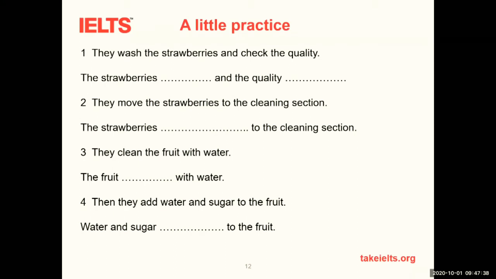They clean the fruit with water. The fruit. Yes. Be careful about whether it's plural or whether it's singular. Okay, is cleaned. And the last one, they add water and sugar to the fruit. So water and sugar.